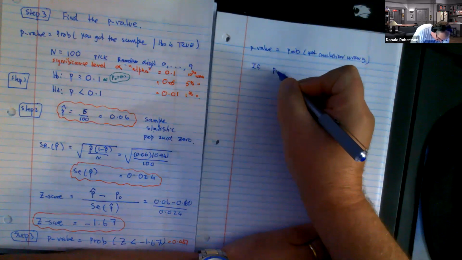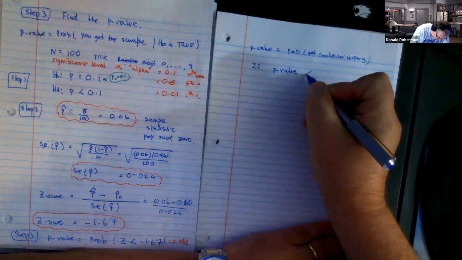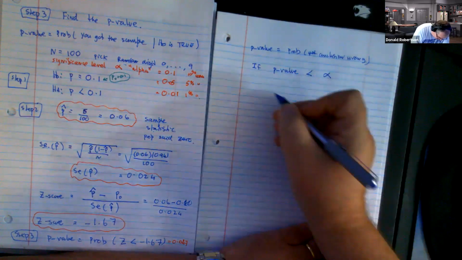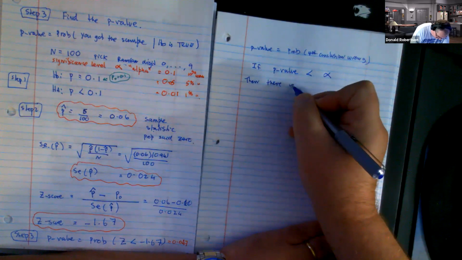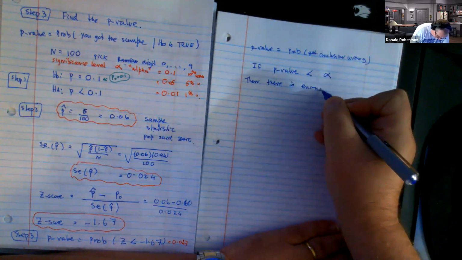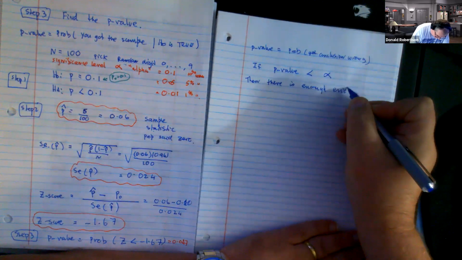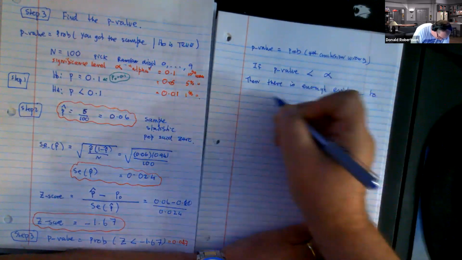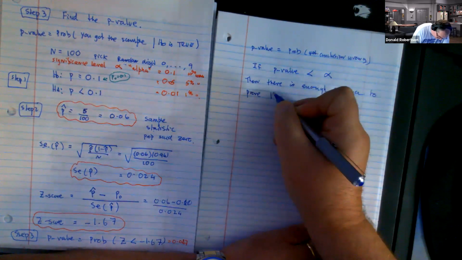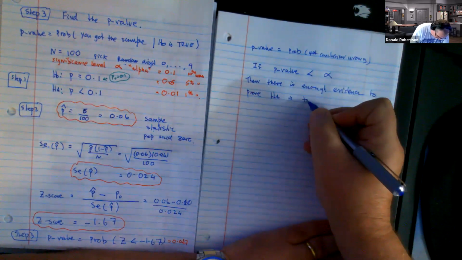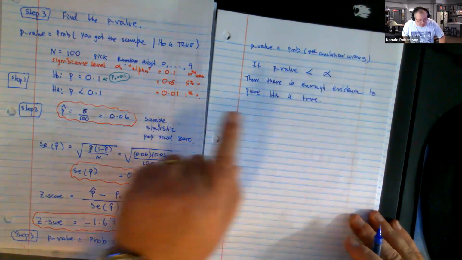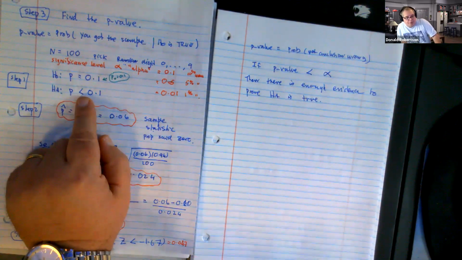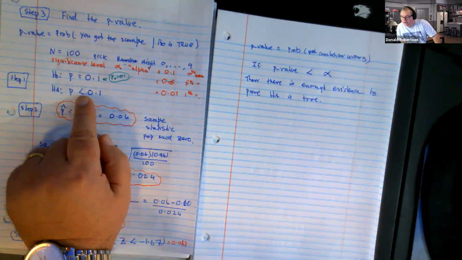If the p-value is less than the significance level, then there is enough evidence to prove that the alternate is true. So if my p-value is less than the significance level, then I have proved that people choose 0 less than they typically would.